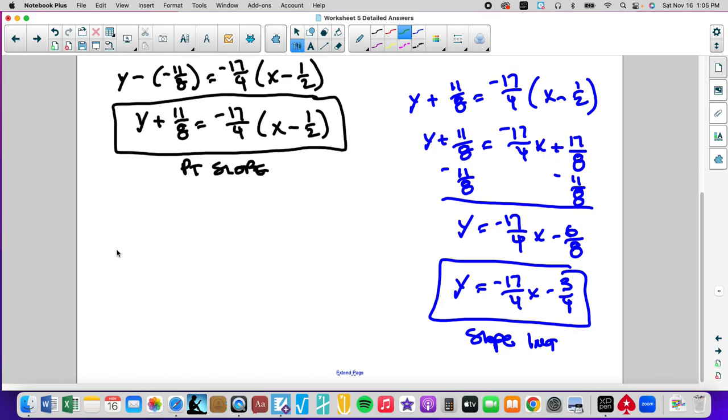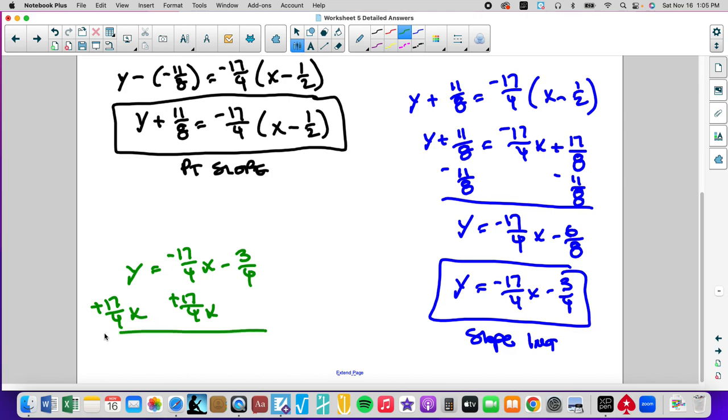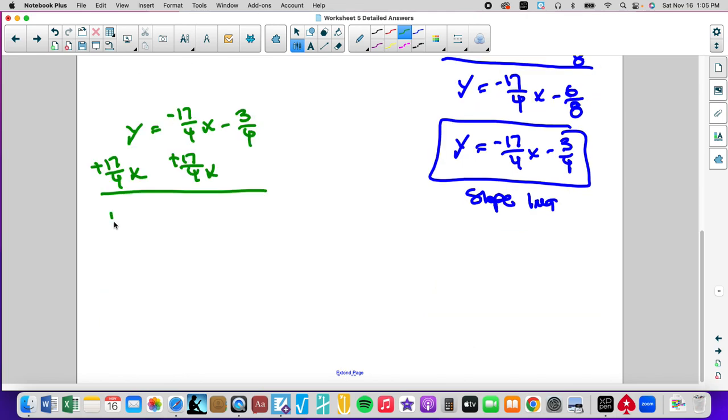And now we'll take this and turn it into standard form. So y equals -17/4 x minus 3/4. Let's add the 17/4 x over to the other side. 17/4 x plus y equals -3/4.